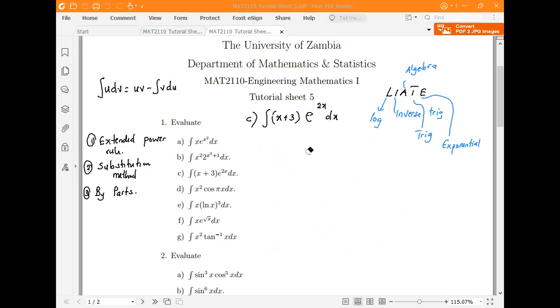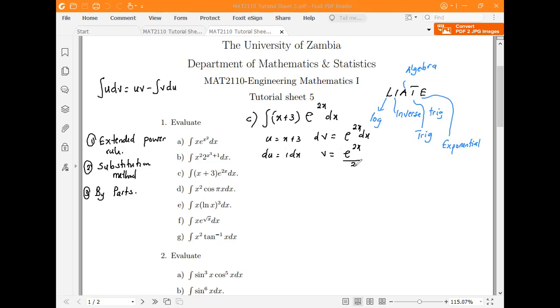It looks so clear that the u is going to be x plus 3. So when I differentiate, I'll get 1 dx. And the dv is going to be e^2x dx. And what will be the v? The v is going to be e^2x over 2.